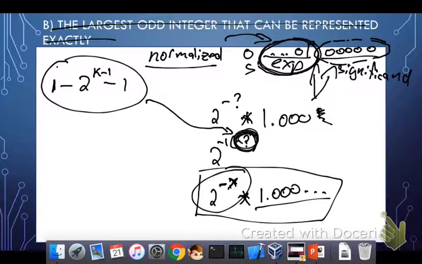So to get the reciprocal of this, I will just negate that. So negative 1 minus 2 to the k minus 1 minus 1. 2 to this times 1 is going to be the reciprocal of the smallest positive normalized value. So let's just distribute that then.